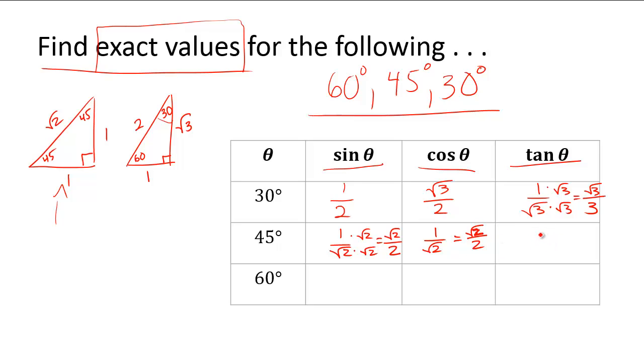And the tangent, which will be 1 over 1, which is equal to 1. Now find 60. 60 is going to be from this triangle. So you'll have root 3 over 2 for opposite over hypotenuse, adjacent over hypotenuse, and opposite over adjacent.